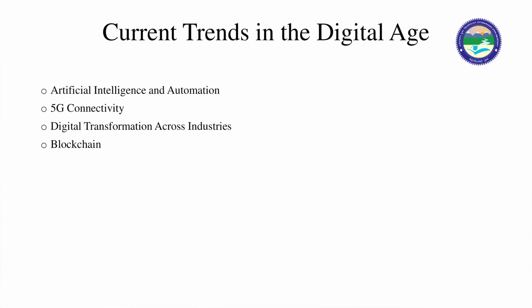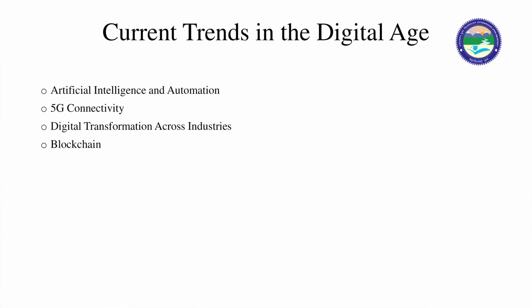Digital transformation across the industries. If we talk about education, e-learning platforms have replaced traditional classrooms during the pandemic. In healthcare, telemedicine and wearable devices transformed patient care. Digital transformation took place in the retail field also.